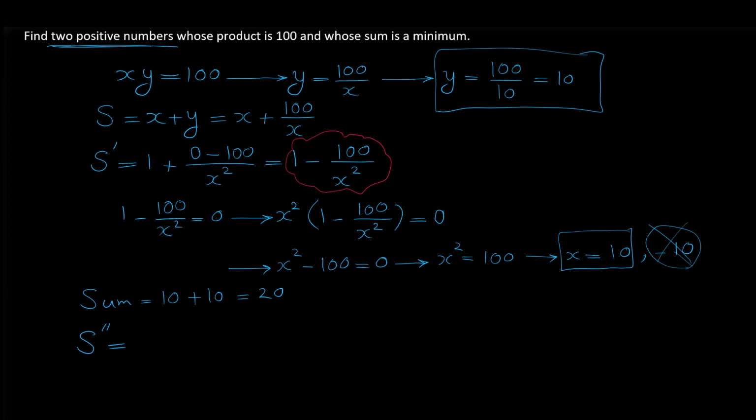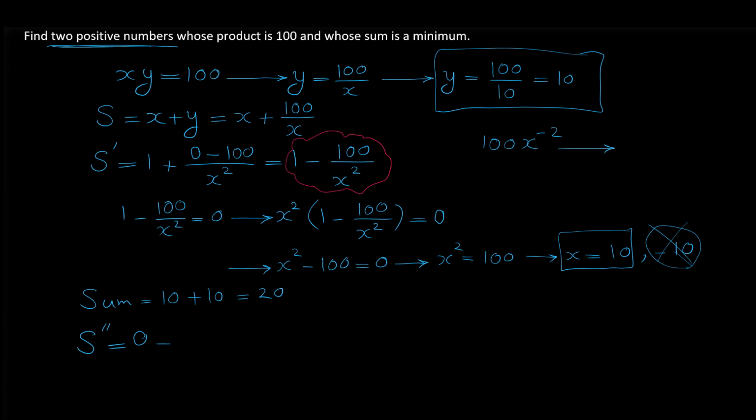Derivative of 1 is 0 minus. For finding the derivative of 100 over x^2, we can use quotient rule, or we can bring x^2 to the top and write it as 100 times x to the negative 2.